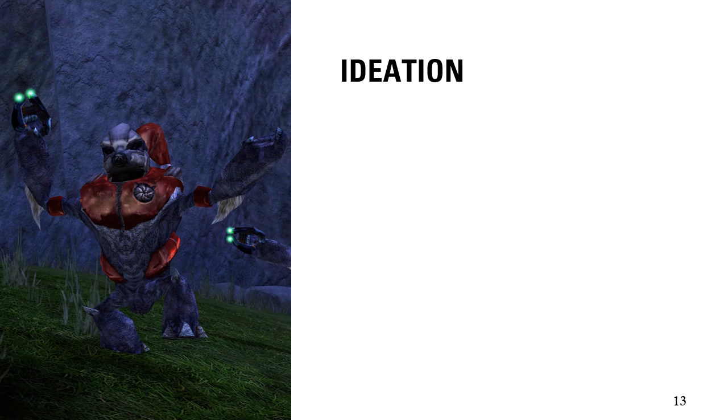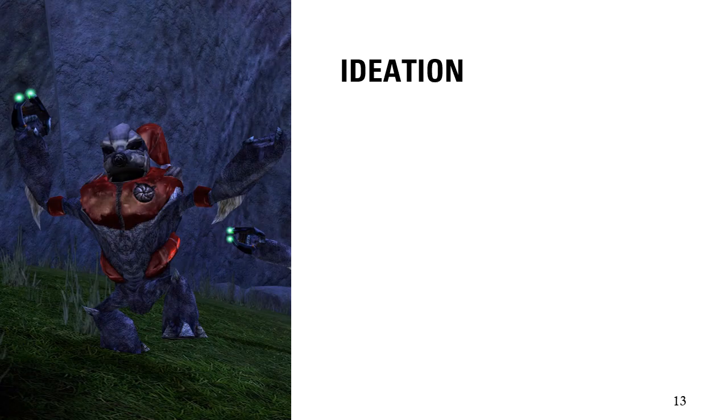There's no defined format or information requirements for an ideation document. Instead, it should focus on what makes the most sense for the game or the design problem that you're trying to solve. The main function of an ideation document is to record ideas and communicate them quickly and easily.